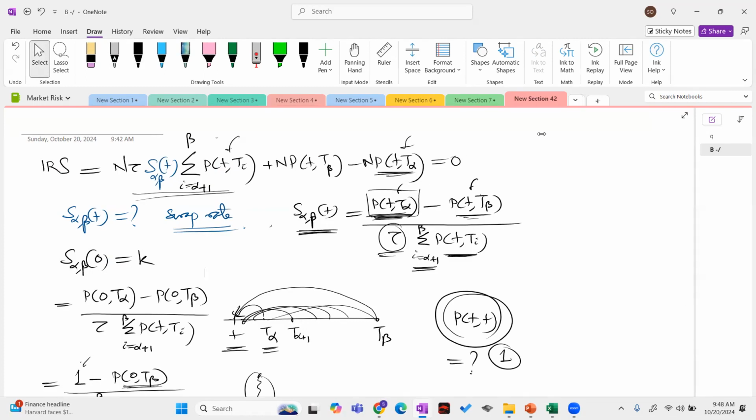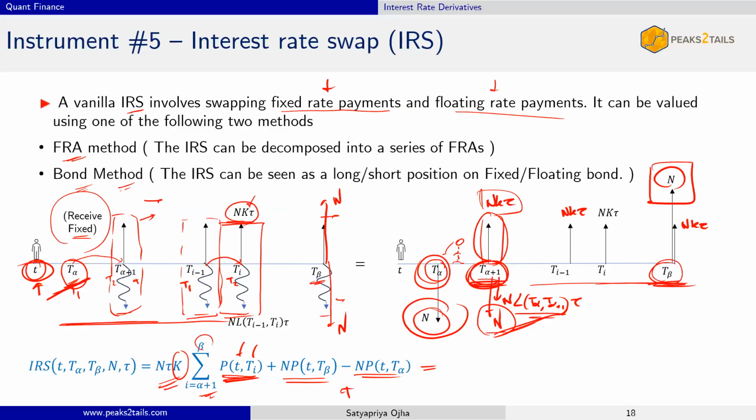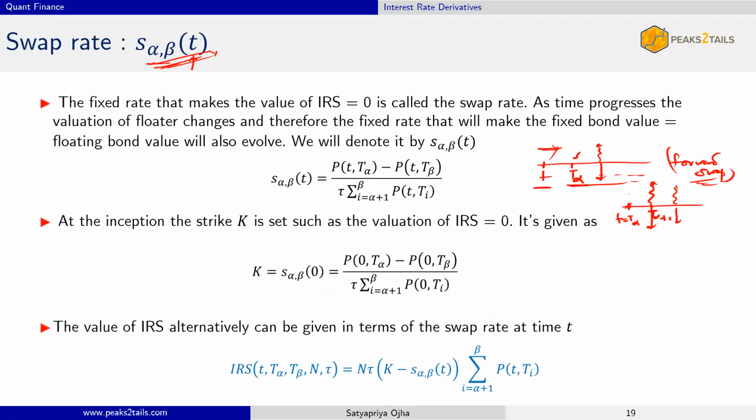The last aspect of this: remember how for valuation of FRA, we can keep updating the forward rate and you get the value of FRA. For IRS also, if you plug in the updated swap rate, you can value the IRS. So this is one alternative way to value the IRS.